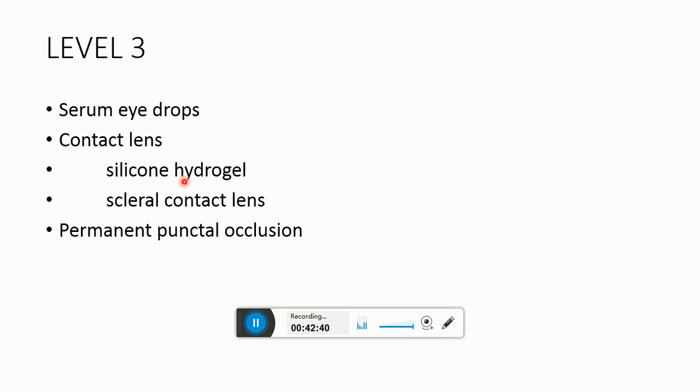Occlusive gas permeable scleral contact lenses provide a reservoir of saline over the cornea and are occasionally used in patients with extreme dry eye and exposure. Silicone rubber lenses, which were used in the past, are no longer available.